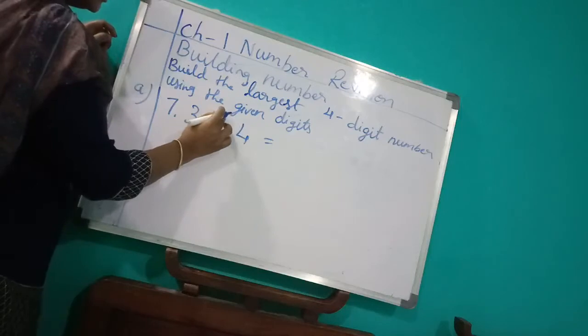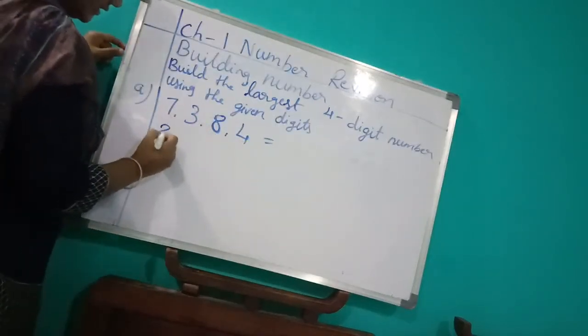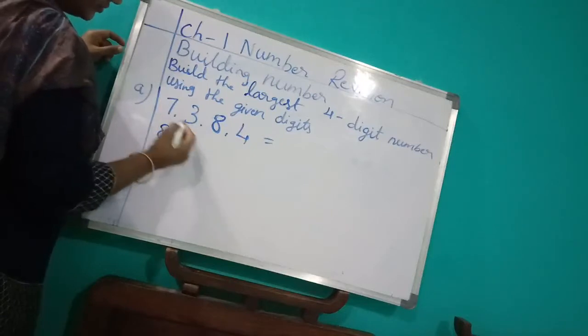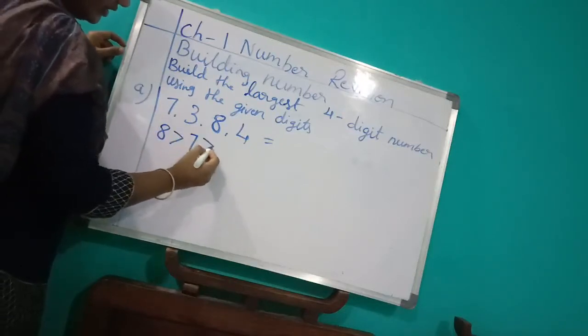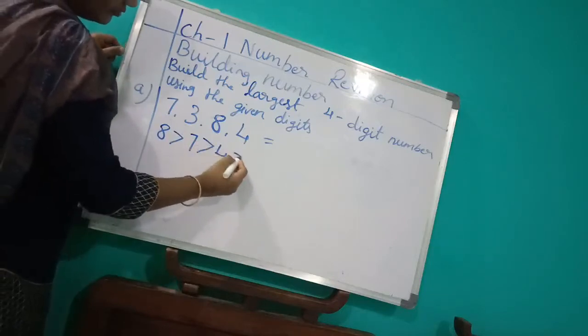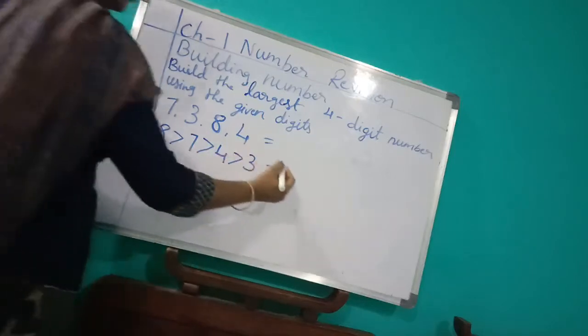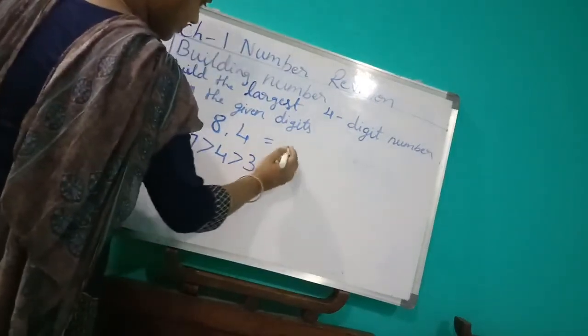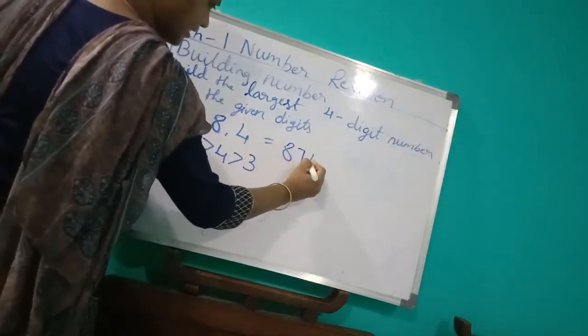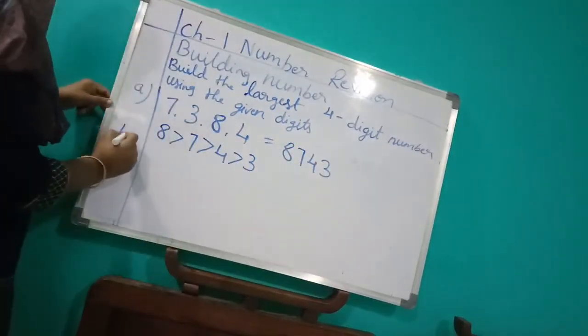Yes or no, children? Which number is largest number in these numbers? 8. 8 after 7. 7 after 4. 4 after 3. Okay. What is that number will come? 8743. This is the largest number.